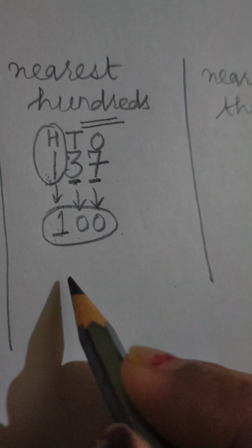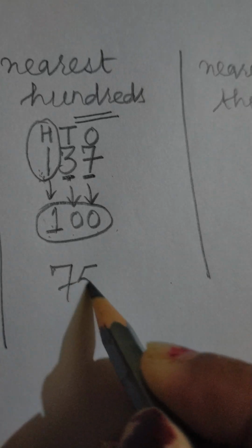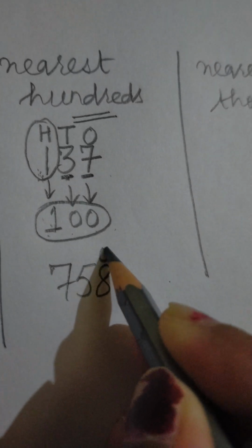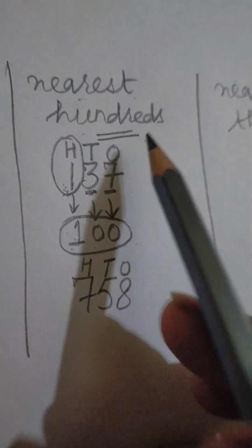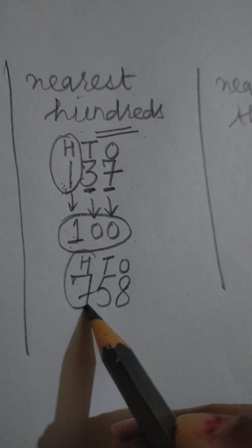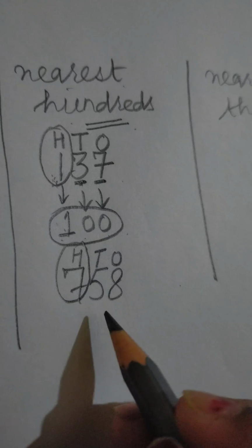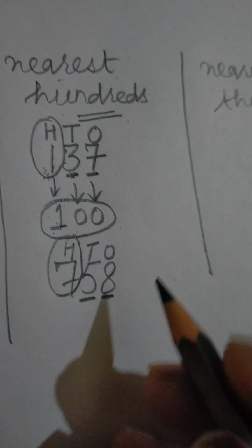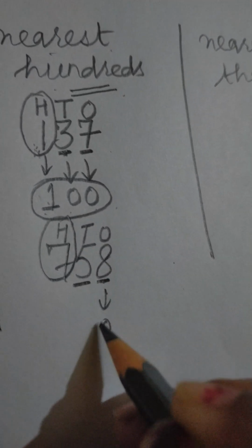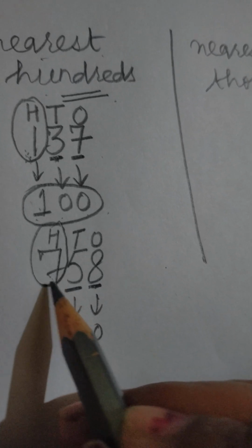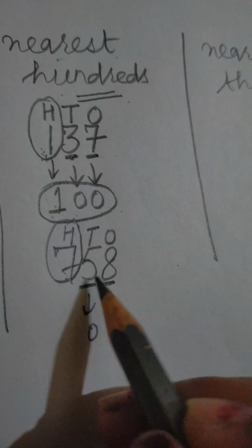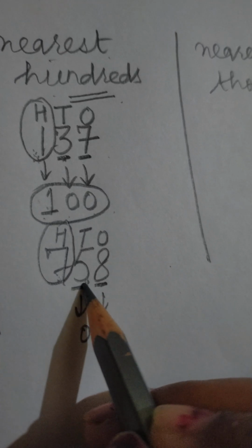Yes. See one more example. 758. This is ones, this is tens, and this is hundreds. So it is nearest hundreds. We have to write this digit carefully, and the others will be underlined. Underlined digits will become 0. The neighbor of this digit, the tens place digit, is 5.